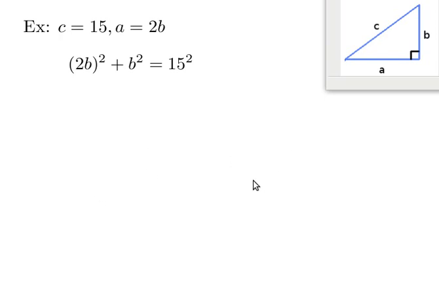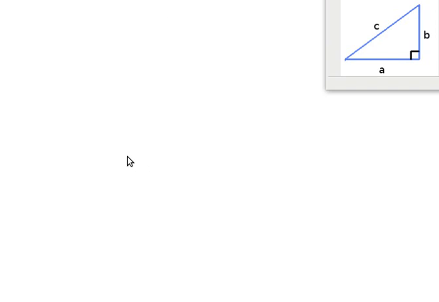Now, the reason we call this, let's not do 2, let's do 3. So we say that this is 3 squared. We say to the power of 2 is squared. Well, why is that? Let me draw a box.